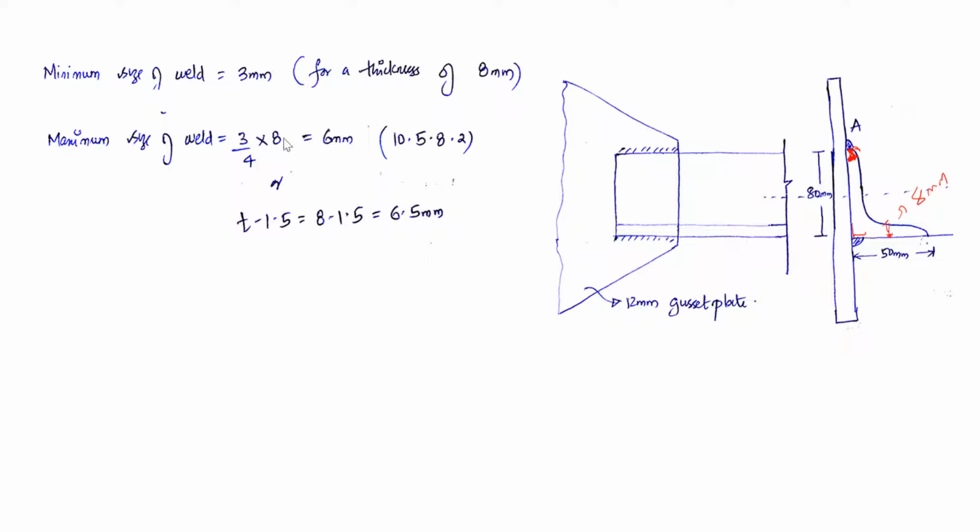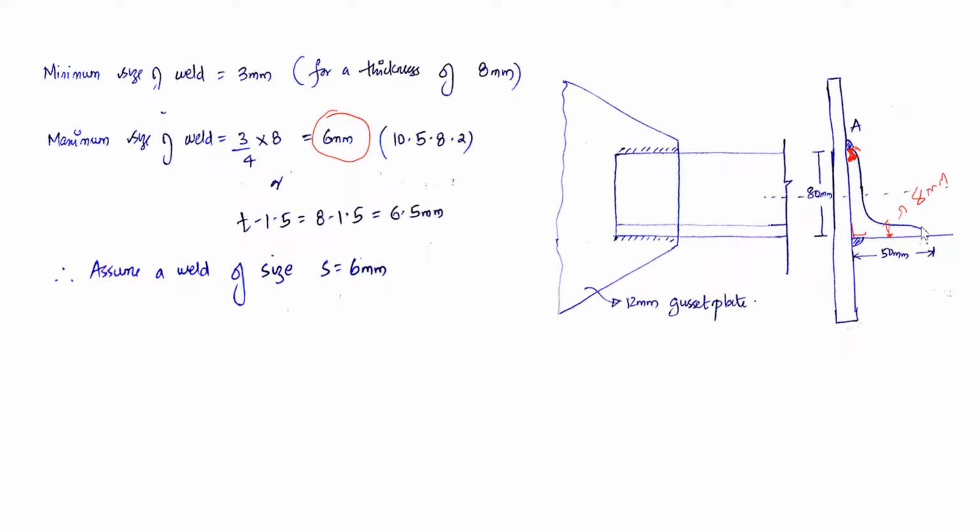That is, we will take 6 mm as the maximum size of the weld. So the minimum size of the weld is 3 millimeter and the maximum size is 6 millimeter, which means I'll assume a weld size S equal to 6 millimeter. Have you understood how to calculate this? Because before, when we did the earlier problems, it was always a sharp 90 degree edge.